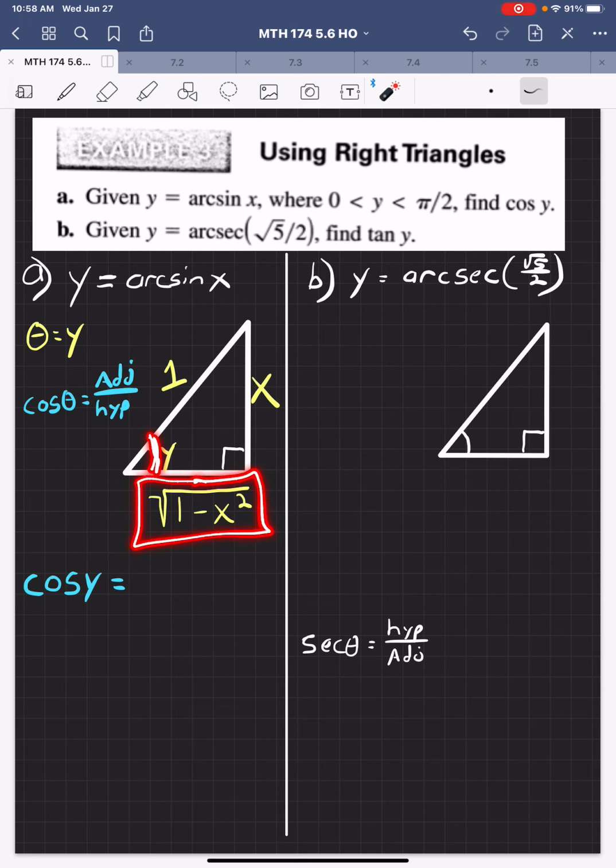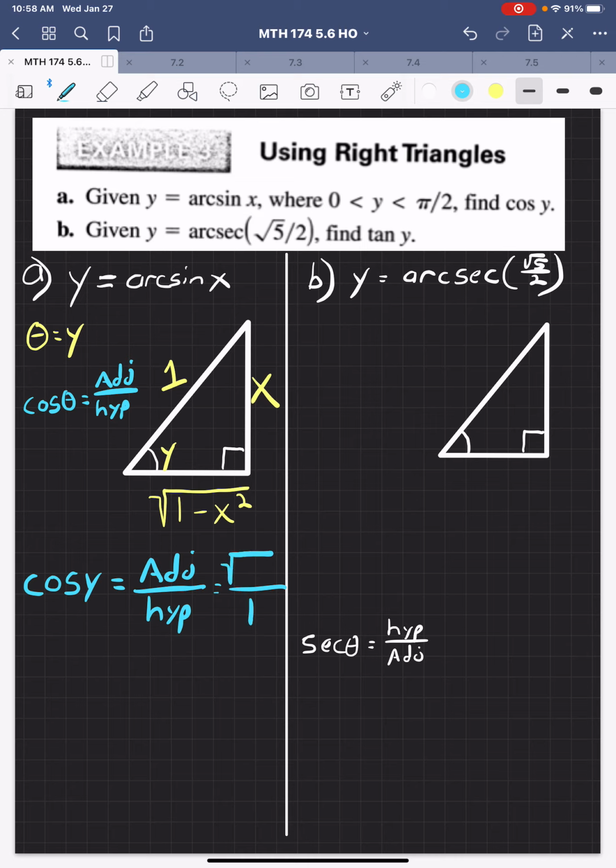So adjacent divided by the hypotenuse. The hypotenuse is 1. The adjacent is just the square root of 1 minus x squared. So division by 1. So what is cosine of y? Cosine of y is the square root of 1 minus x squared. And there you have it.